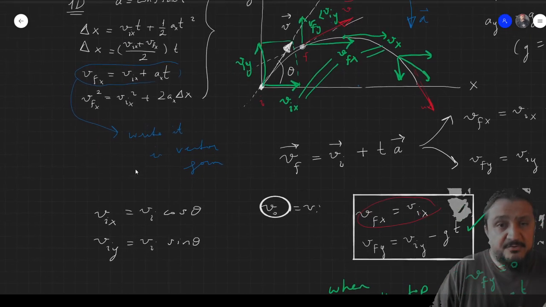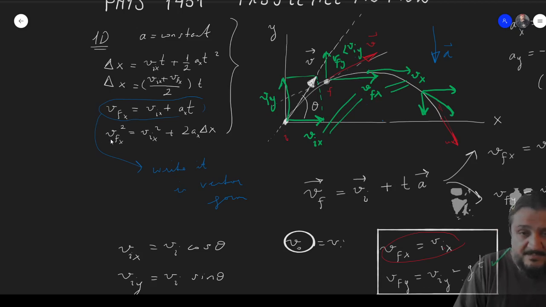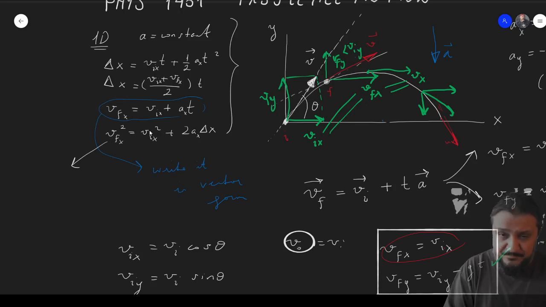All right, so let's go back to our four equations. Now, we could do this for the fourth equation. What would we get if we did it for the fourth equation? Since the x component doesn't change, we can see it from here too. Ax is 0, v final x squared is equal to Vix squared, which means the initial velocity does not change.